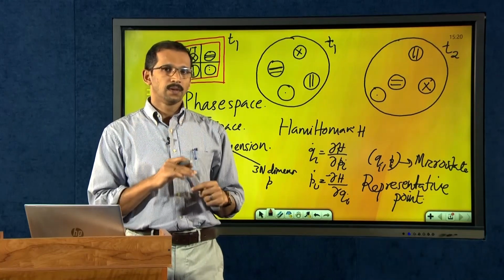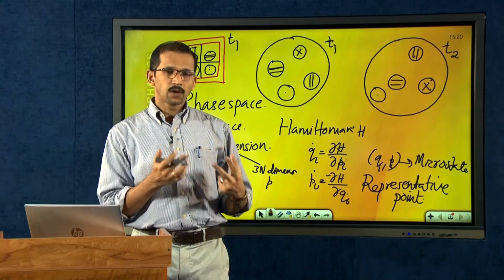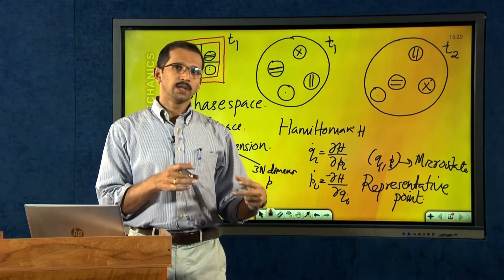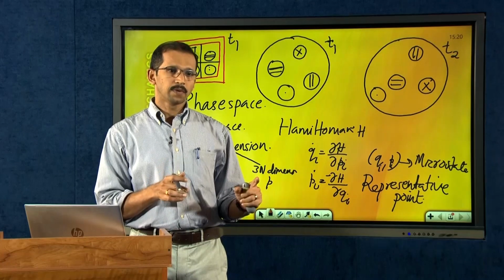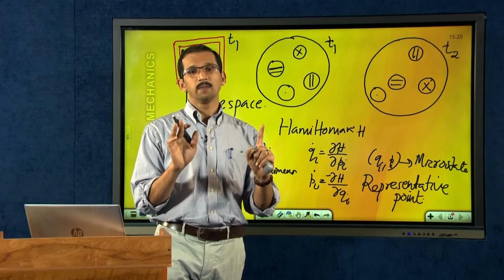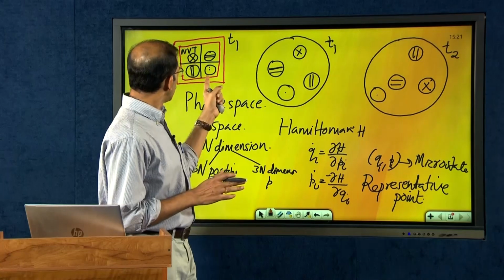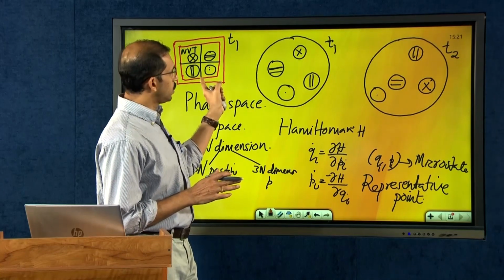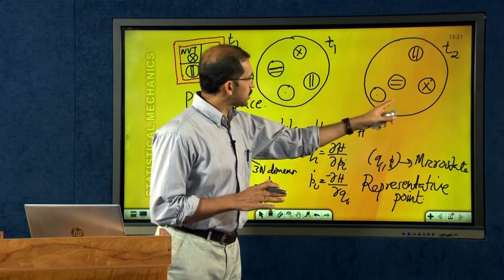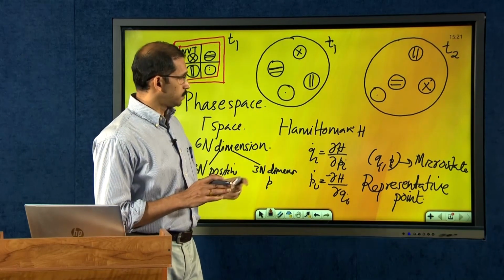Now, the concept of ensembles, instead of time averaging, introduced the concept of a time independent picture, which means that we are going to represent all the microstates possible in that macro state at the same instant of time. So, in this picture, which is translated from the picture which we drew in the previous episode, this is a translation to the new phase space representation, which is a 6n dimensional space.